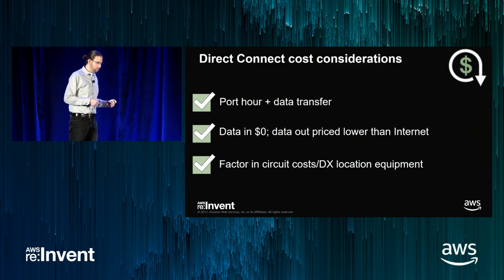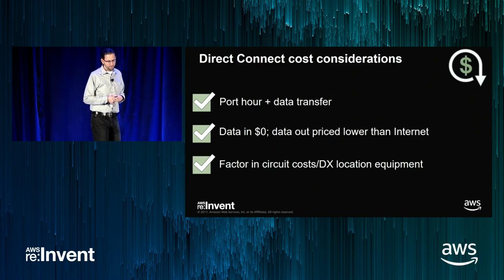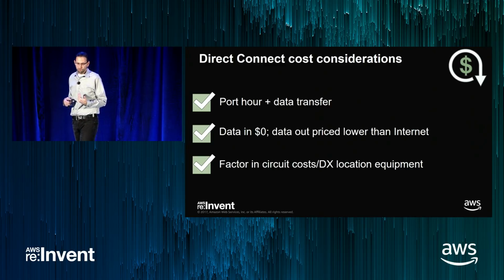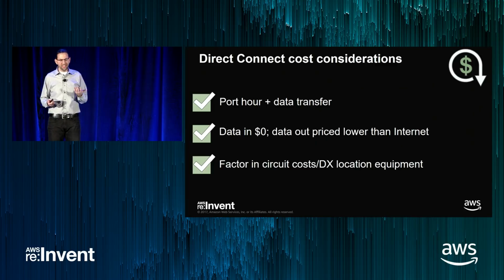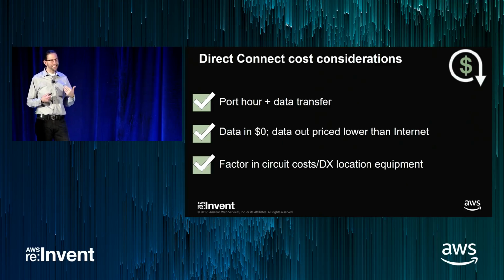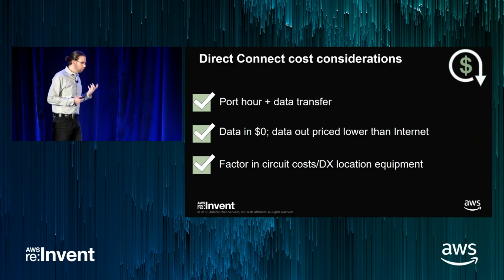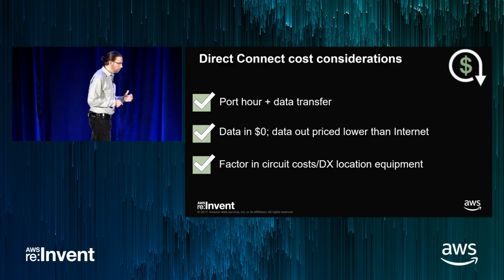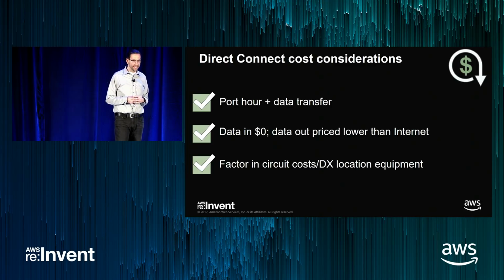Now, I've already brought up cost. I want to discuss a couple of finer points here. You may be aware that data that's flowing into an AWS region is always free. The data flows that are charged are for egress. So data egress or data out over Direct Connect will be less expensive than over the internet.